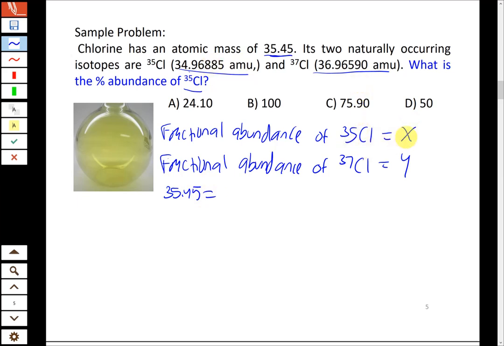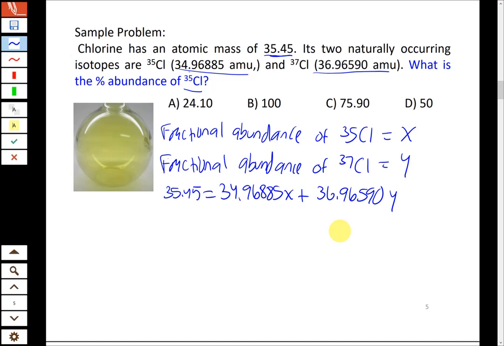So the fraction of 35Cl is x, the mass of 35Cl is 34.96885, so that's the first term in the equation. I'll put x at the end because that's more conventional. So that's fraction times mass plus fraction times mass for the second one, where the fraction is y, and the mass of 37Cl is 36.96590 times y.